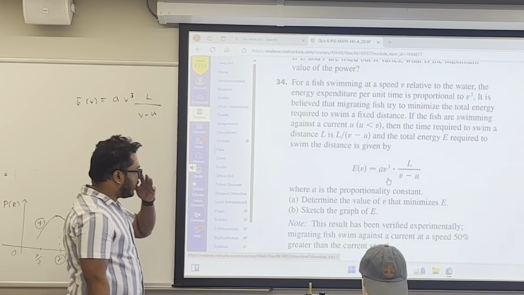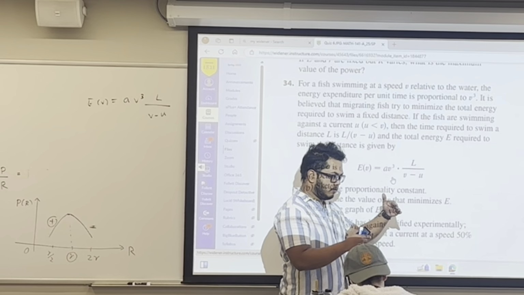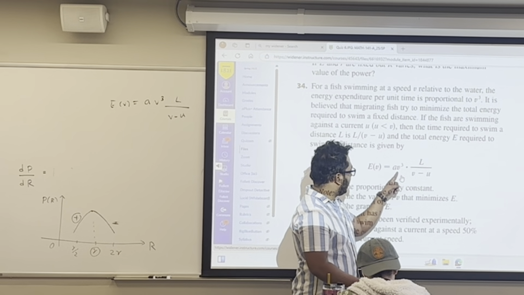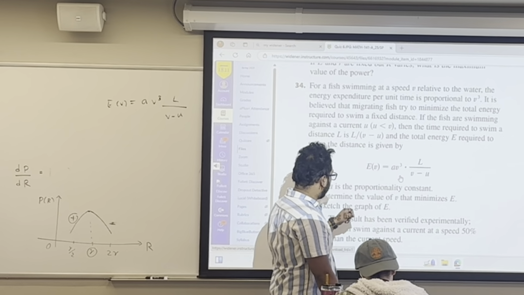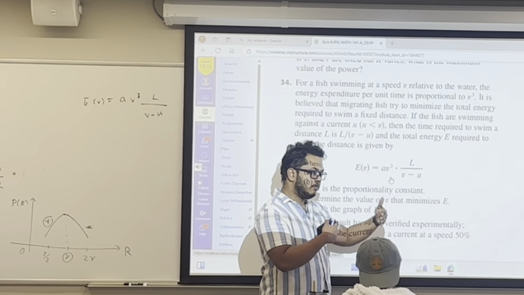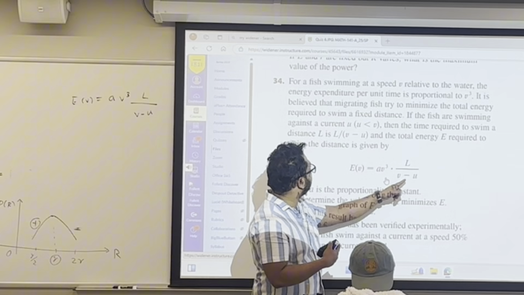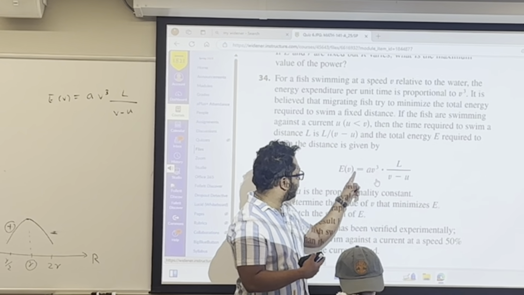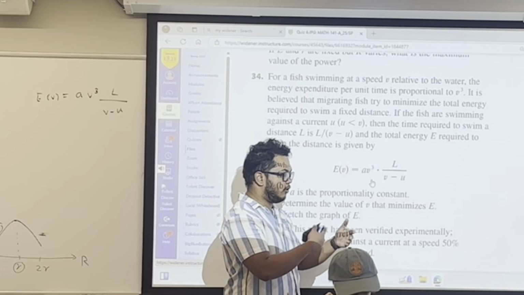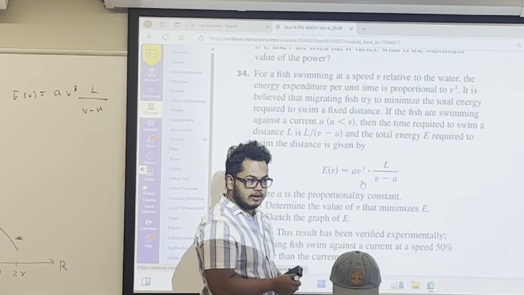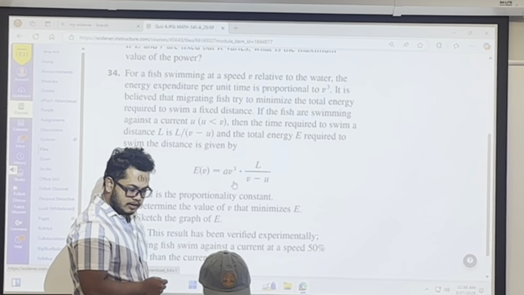L is the constant because the fish has to swim a certain distance, and A is a constant. And u is the current, the velocity of the water stream. The only thing the fish can change is its velocity, the speed. So v is the variable, clear? The others are constant.